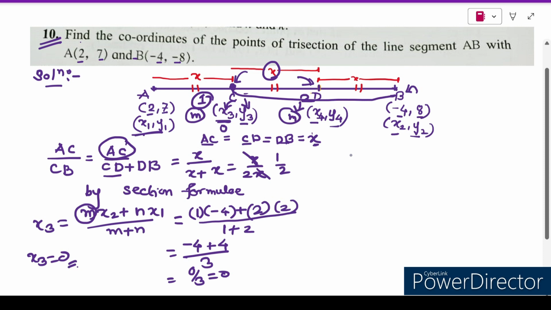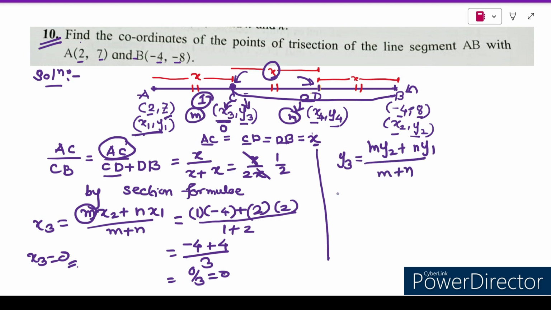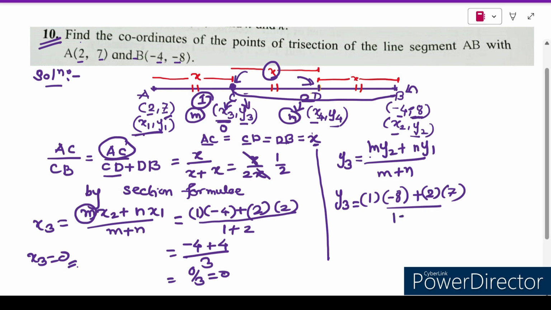Similarly, we can find the value of y3 by the section formula: M y2 plus N y1 divided by M plus N. By putting the values, y3 equals the value of M, 1, into y2, which is 8, plus the value of N, which is 2, into the value of y1, which is 7, divided by 1 plus 2.